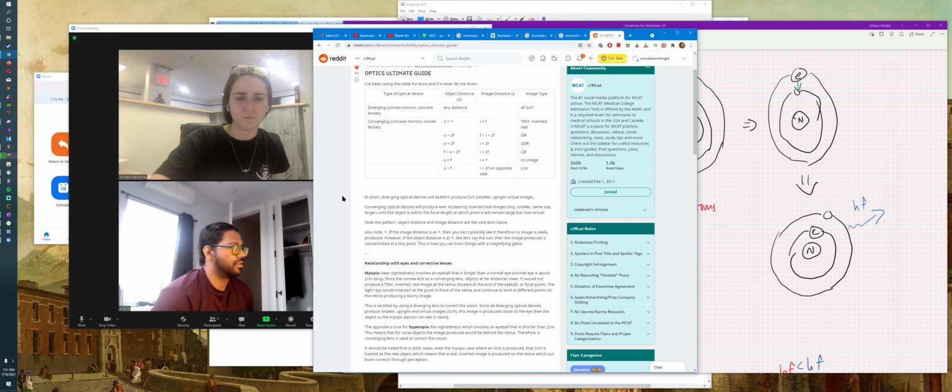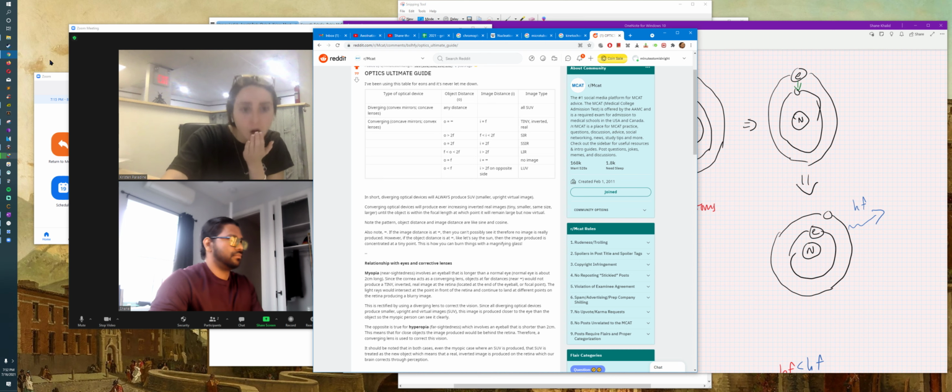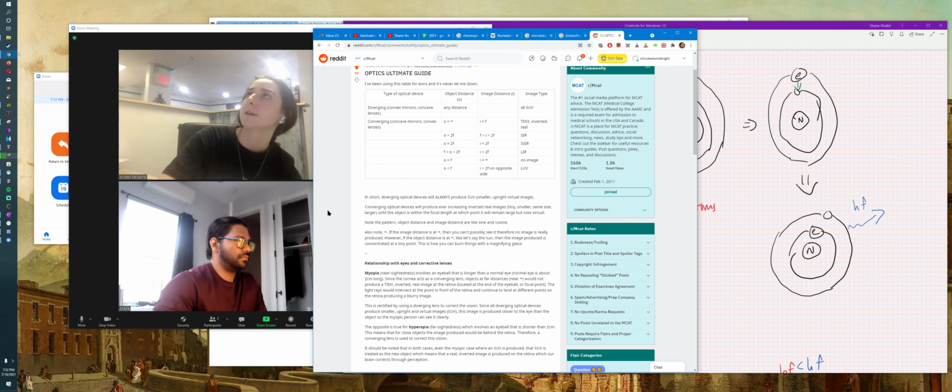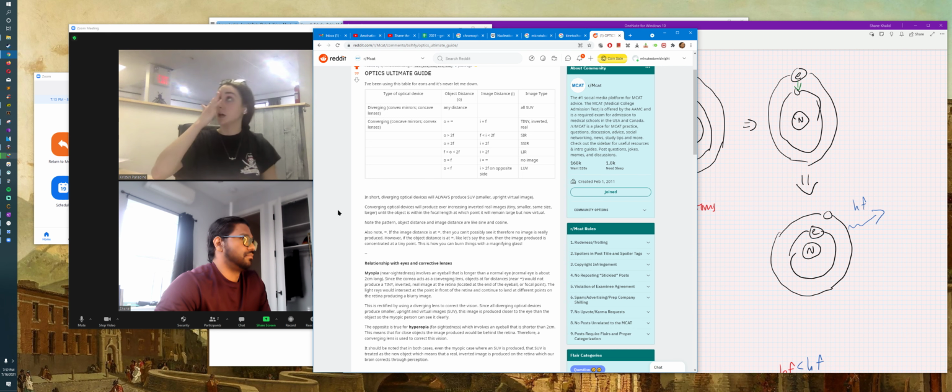There was a question on here. Oh, lenses and mirrors. Okay. Hold on, I actually can't even look at this right now. Why did I do my notes like this? Oh, the convex mirror is different than the convex lens or something.